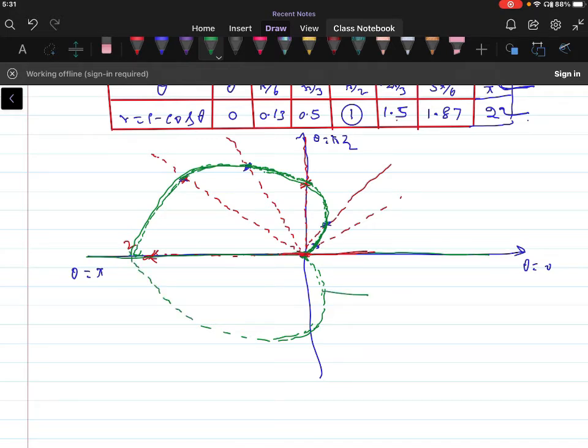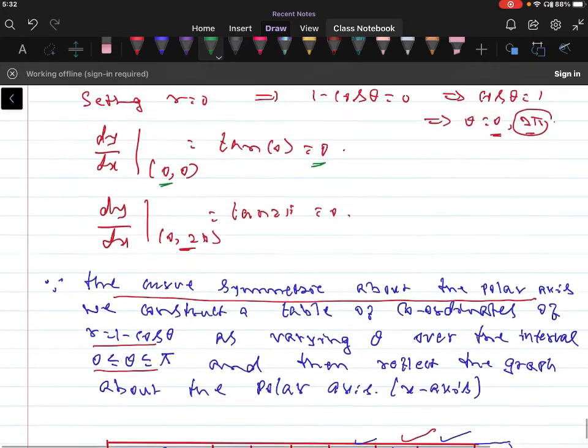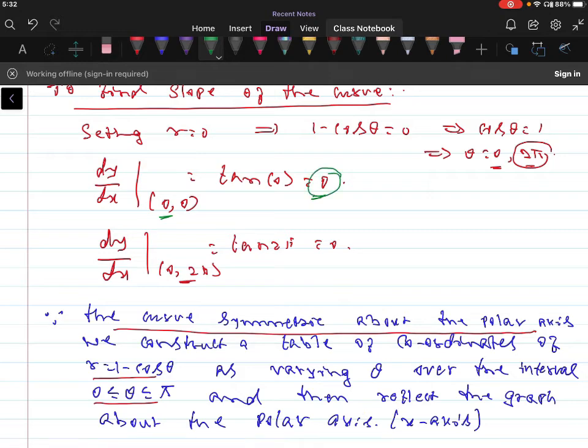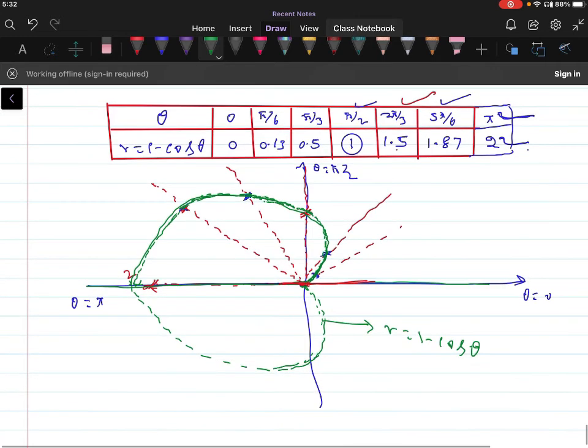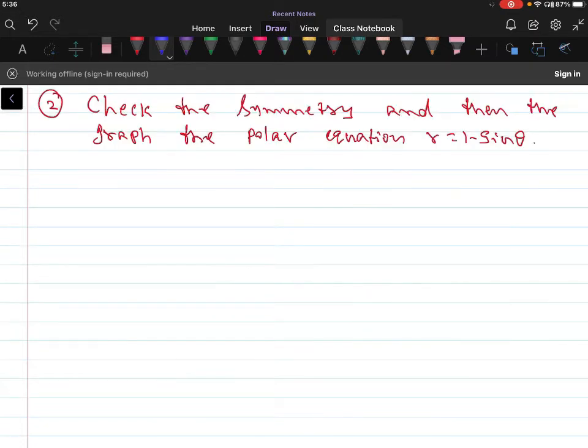This curve represents r is equal to 1 minus cos theta, and we can also see the slope at the origin. When r is equal to 0, we found that the slope is 0 at theta equal to 0 and 2 pi. So we can find the slope at the origin. The tangent is the horizontal axis at the point 0. This is how we can construct polar curves with the help of the symmetry and slope of the curve. We'll move to the next problem.